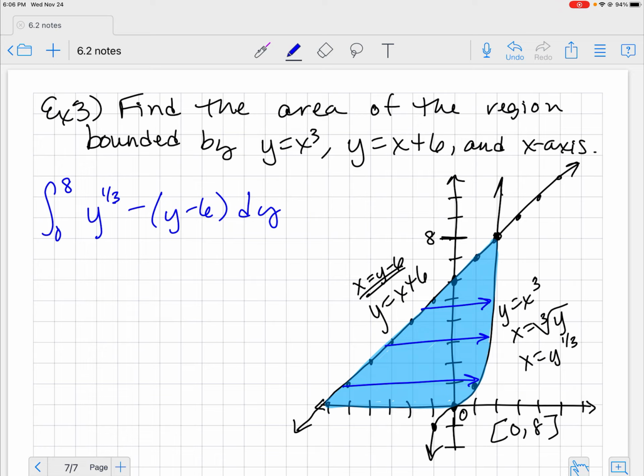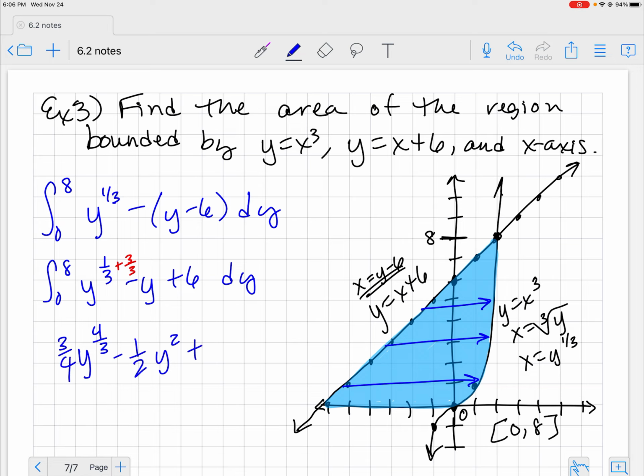Super easy. Distribute that negative sign. So I'm going from 0 to 8, y to the 1/3 minus y plus 6. And now you just integrate. You add, same thing, but when you add to a fraction, it's plus 3 over 3. So I have y to the 4/3, and I'll bring that 3/4 in front, minus 1/2 y squared plus 6y, from 0 to 8.